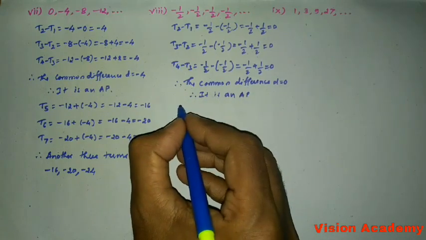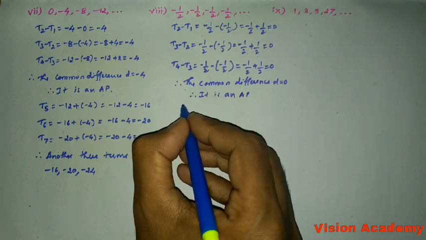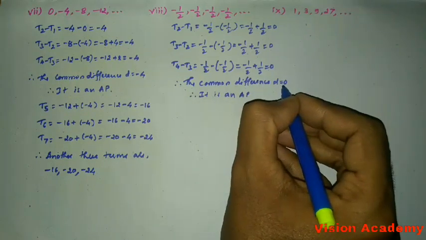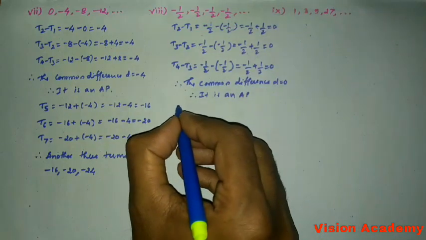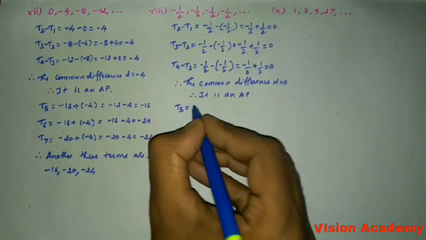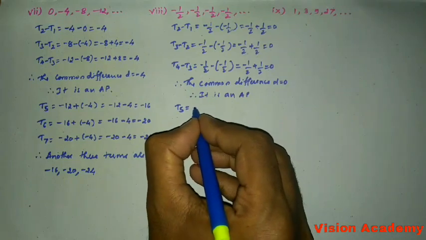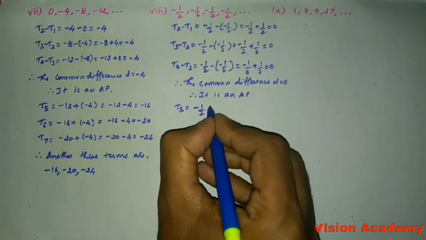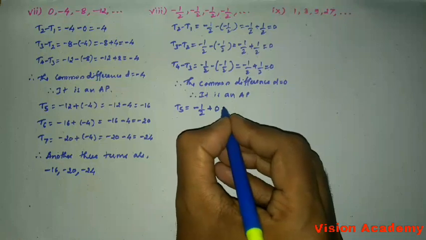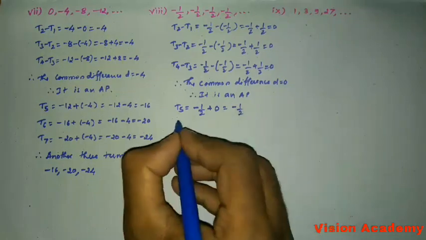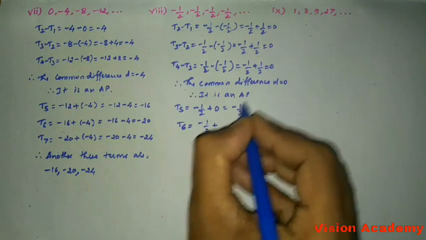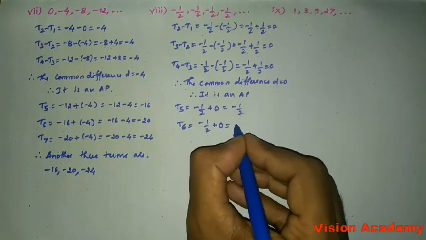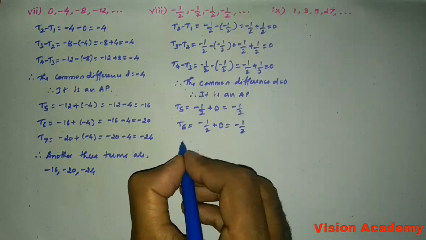Let us find the next three terms by adding this common difference D is equal to 0 to the last term. Here we will write T5 is equal to minus 1 by 2 plus the common difference 0, which gives me minus 1 by 2. T6 is equal to minus 1 by 2 plus the common difference 0 is equal to minus 1 by 2.